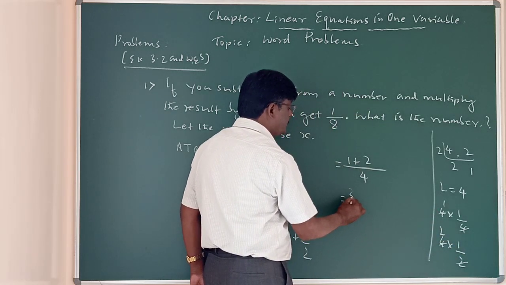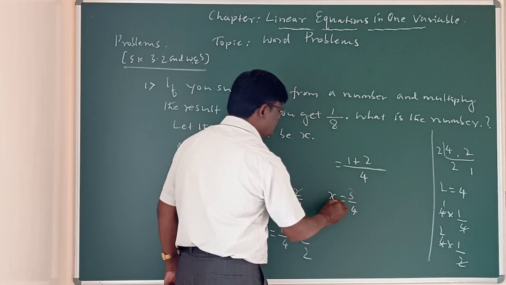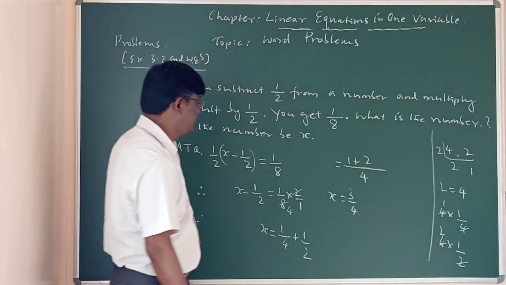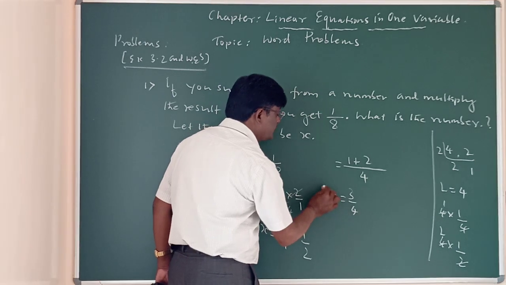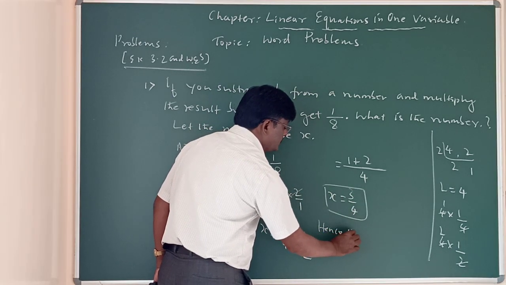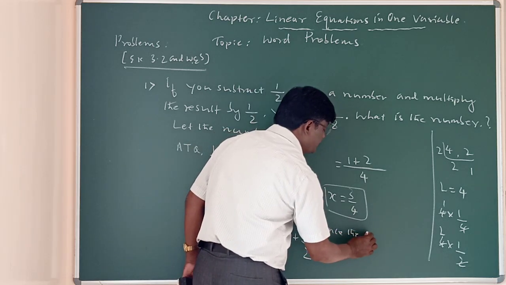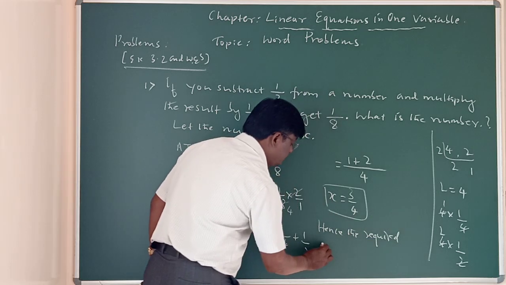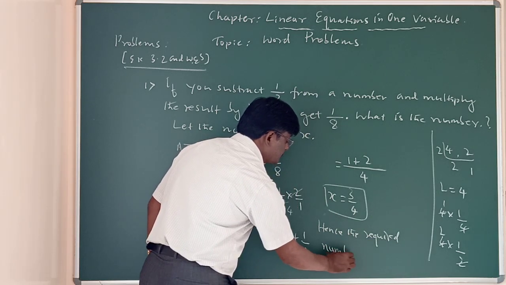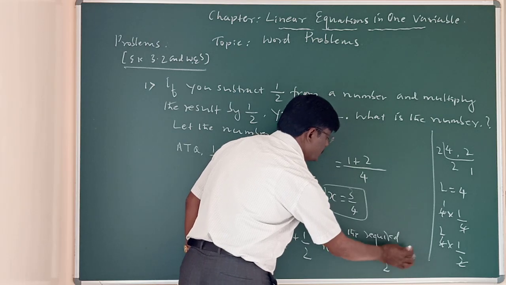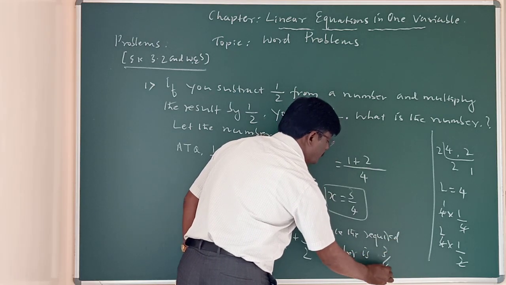Hence 3 by 4. Therefore, the required number is 3 by 4. Hence, the desired number is 3 by 4.